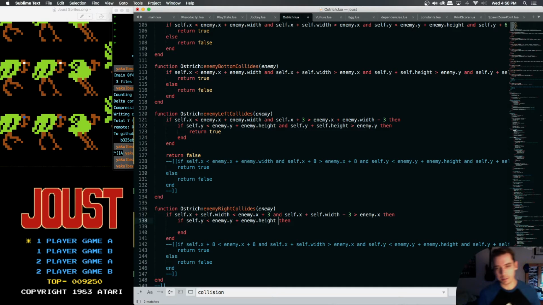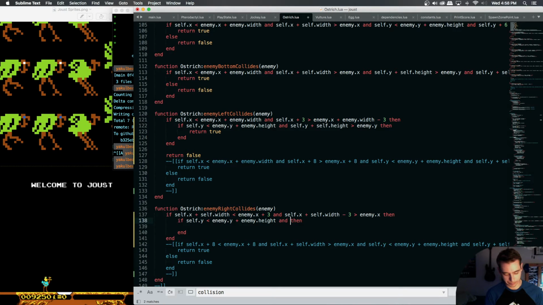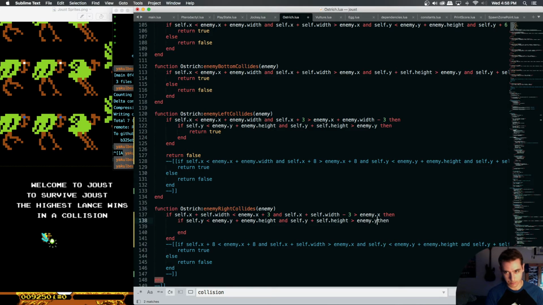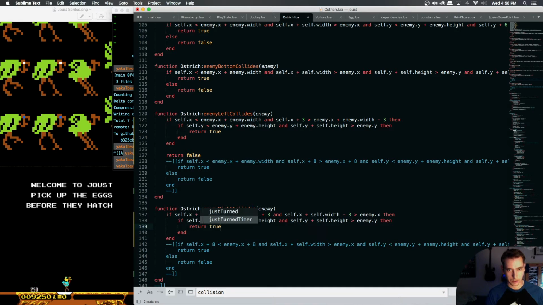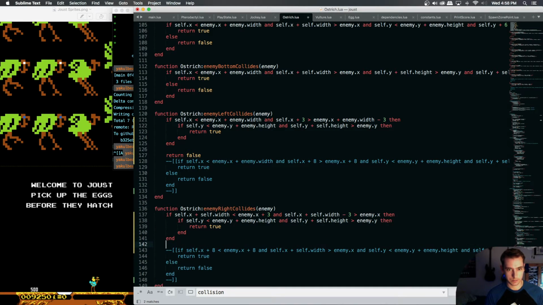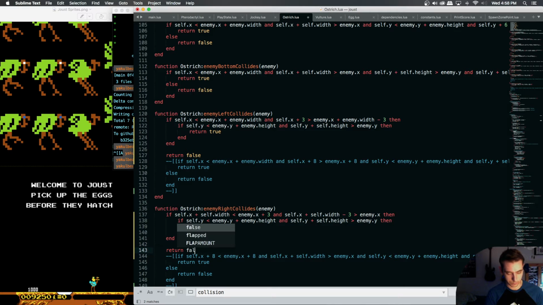So our top would have to be smaller than the bottom of the enemy, and our bottom, which is self.y plus self.height, would have to be greater than the top of our enemy, enemy.y. If both of these are true, we return true, and otherwise return false.